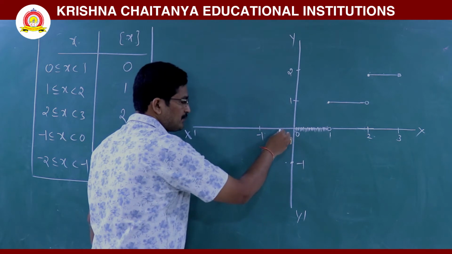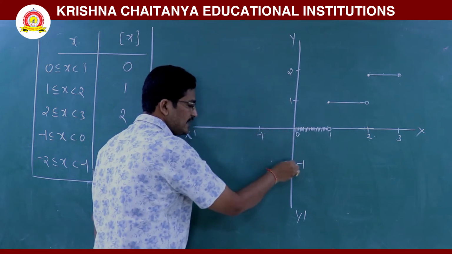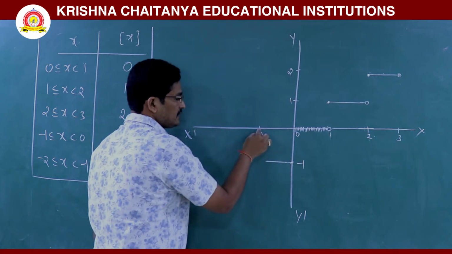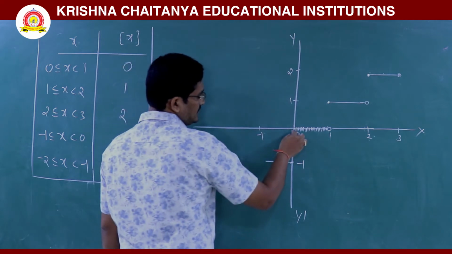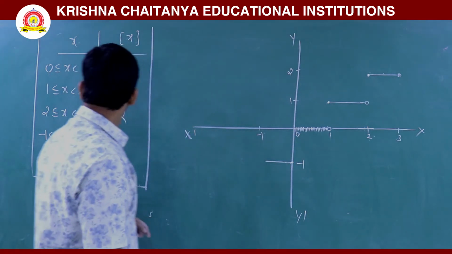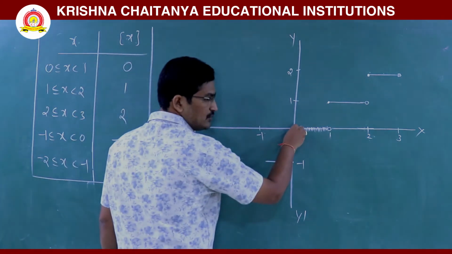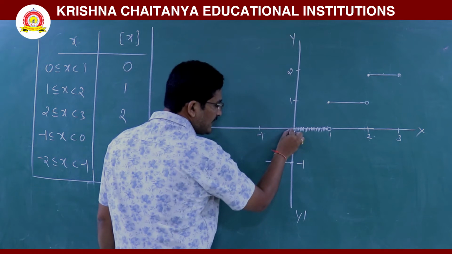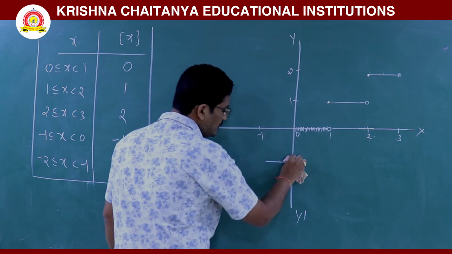So -0.5 step is -1, -0.99 step is -1, like that up to here. See here please. If x equals 0, step is 0. If x equals -0 point something, step is -1. So if x equals 0, we can't take it.